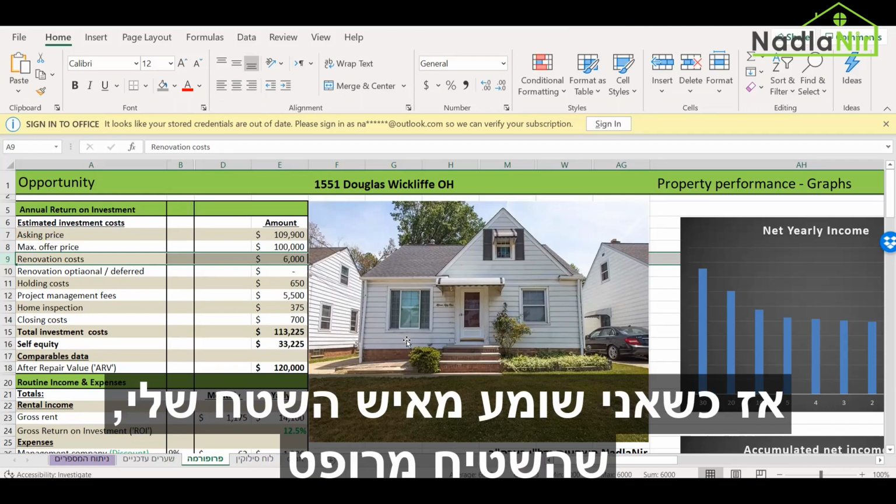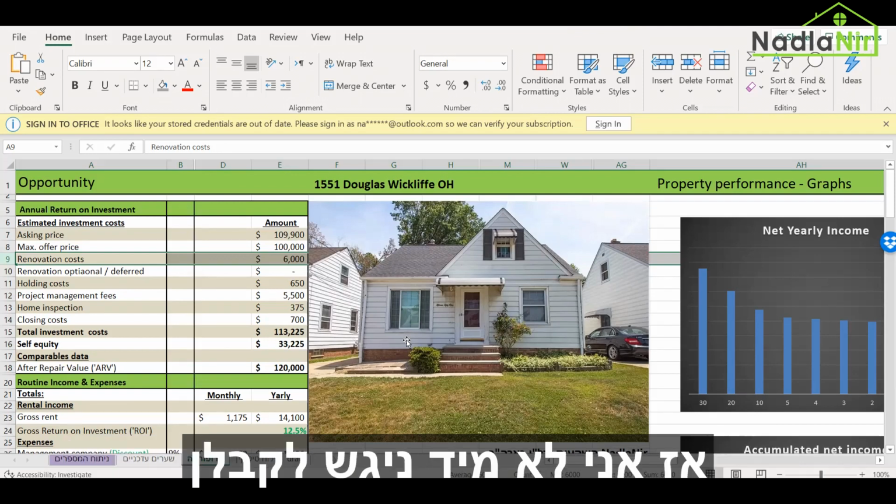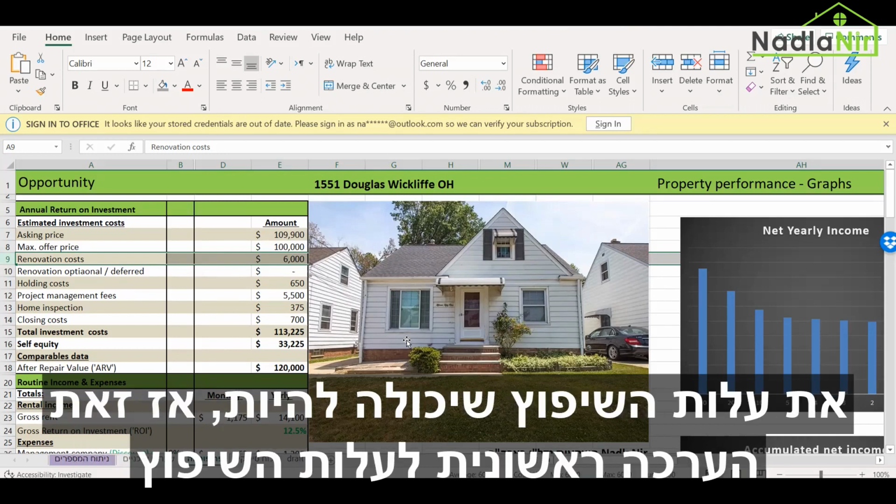So when I get, from my boots on the ground, that the carpets are such, there's a broken window, the floor maybe needs some cosmetic uplift, etc. So I'm not immediately running to the contractor. I didn't do a home inspection yet, but I can roughly figure out what the renovation cost might be. So this is the initial assessment of the renovation needs.